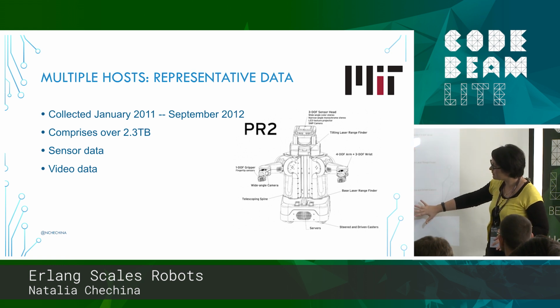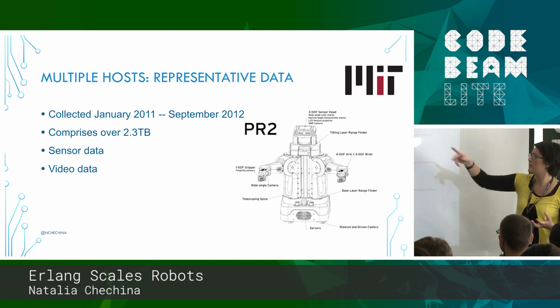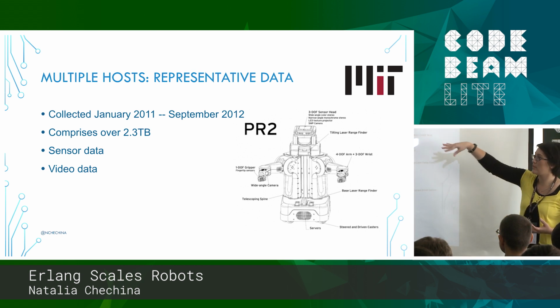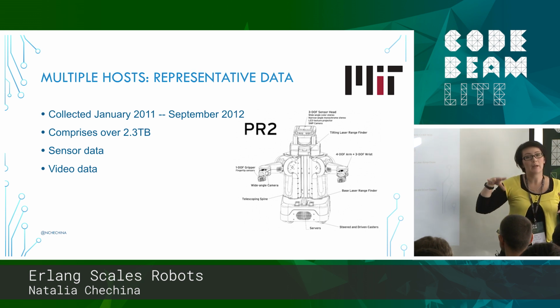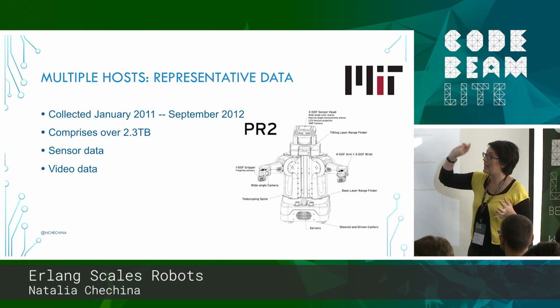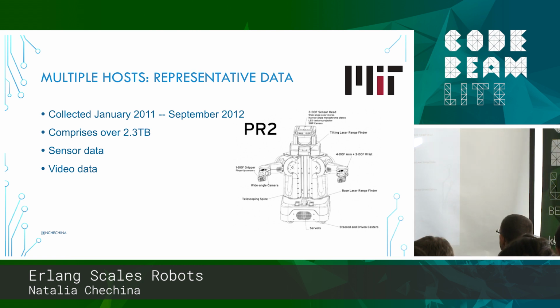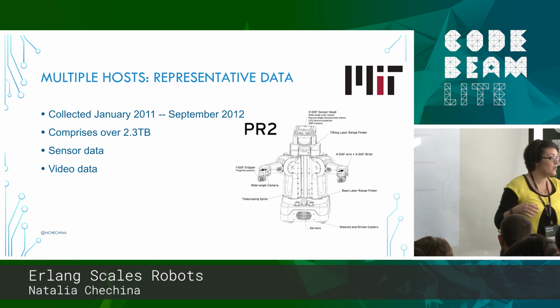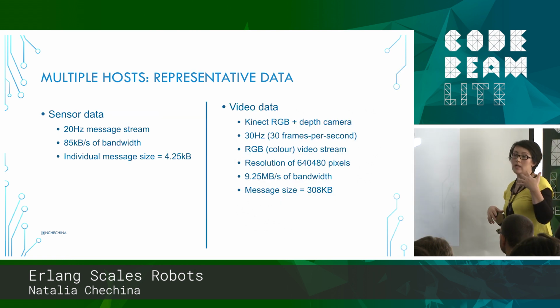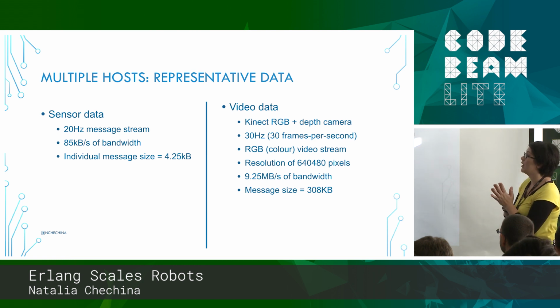So there is this PR2 robot, and in 2011 and from January until September 2012, they were collecting data from this robot. There were real sensor data and video data, quite a large collection, often used by roboticists to check some kind of concept because these are data from real robots.